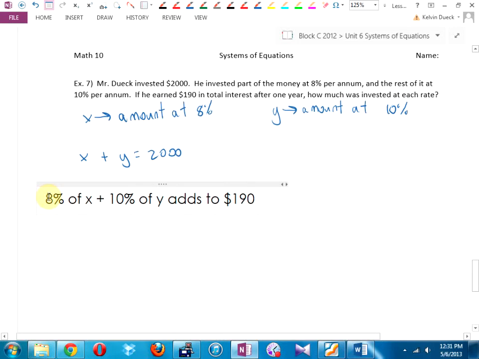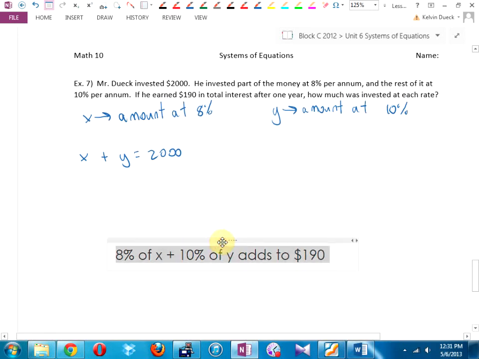That's what that information is saying. 8% of however much I invested at x and 10% of however much I invested at y, I earned. Don't write that down yet because we're going to change it. That's not mathematical yet. I earned 190 bucks.